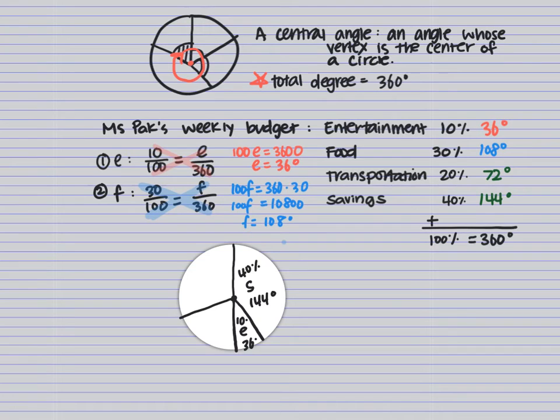Okay, so 20% is going to be transportation, T, and it's going to be 72 degrees. 30% is going to be for food, and it's going to be 108 degrees.